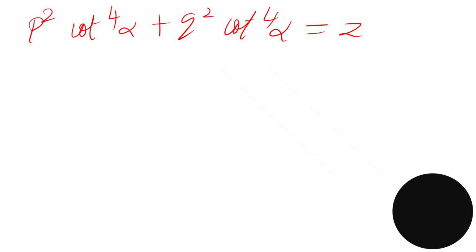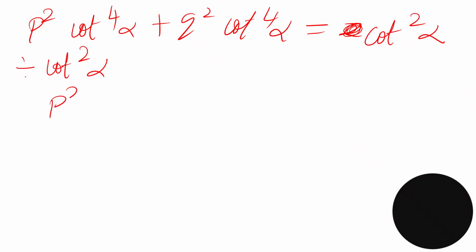What is the balance? p square cot power 4 alpha, q square cot power 4 alpha equal to cot square alpha. Now divide with cot square alpha.